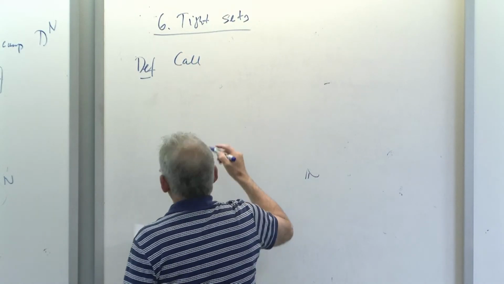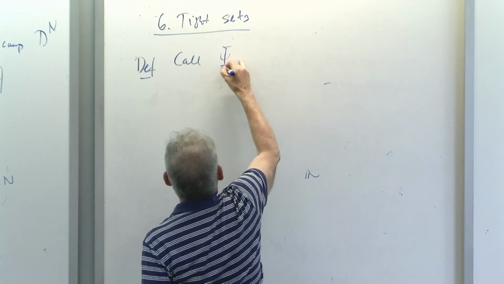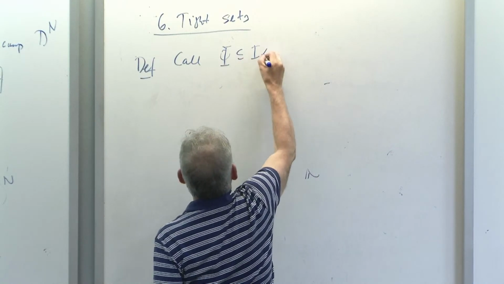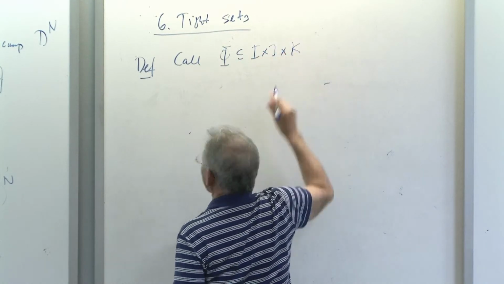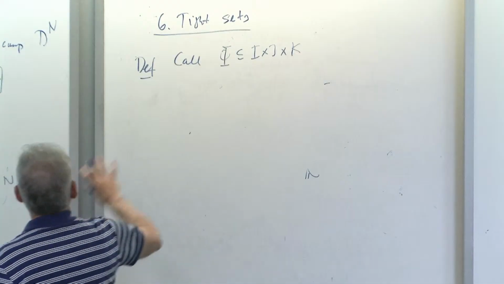I'm in the combinatorial setting. I have my Phi subset of I times J times K. It's general now. When I apply it, this will be tensor powers, but now it's fully general.